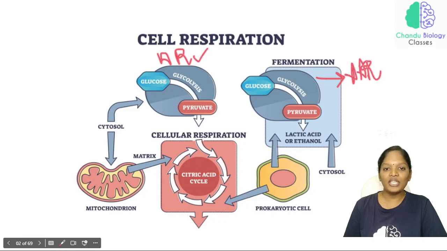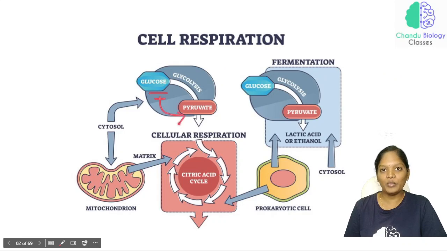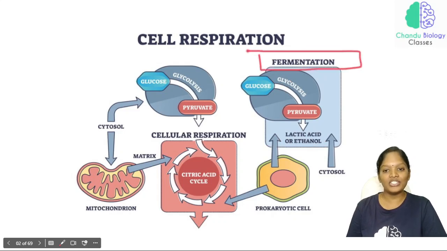This is the aerobic respiration, this is anaerobic respiration. With the presence of oxygen, glucose is converted into pyruvate, and in the absence of oxygen, glucose is converted into pyruvate, and this pyruvate is converted into lactic acid and ethanol, and this process is called fermentation.